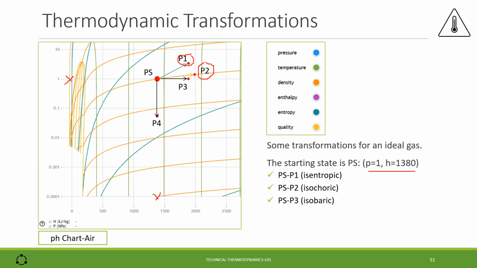The transformation PS-P3 is isobaric, since parallel to the horizontal axis. The transformation PS-P4 is isenthalpic, since parallel to the vertical axis. The last transformation is also isothermal and isodynamic for the same reasons said in the previous slide.